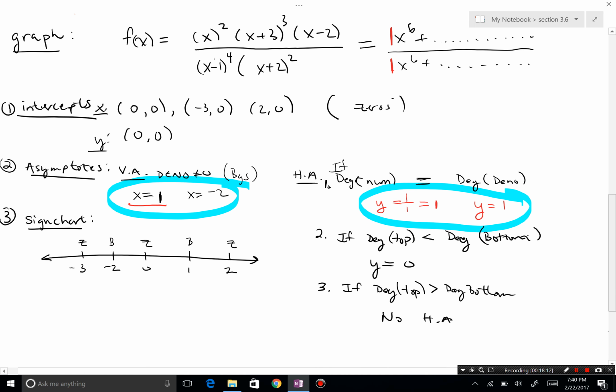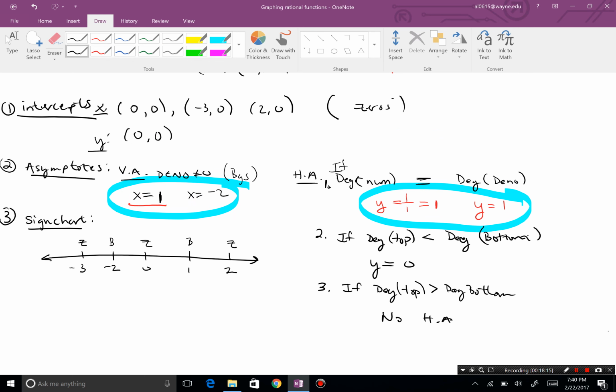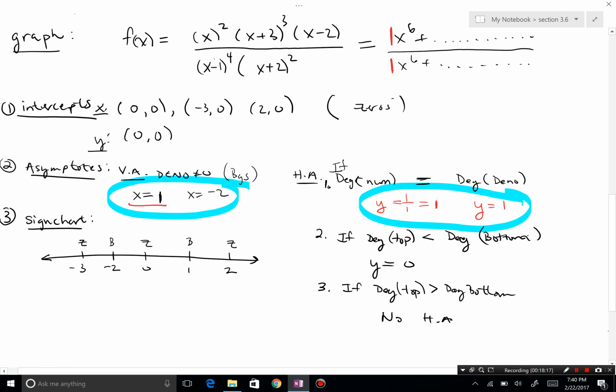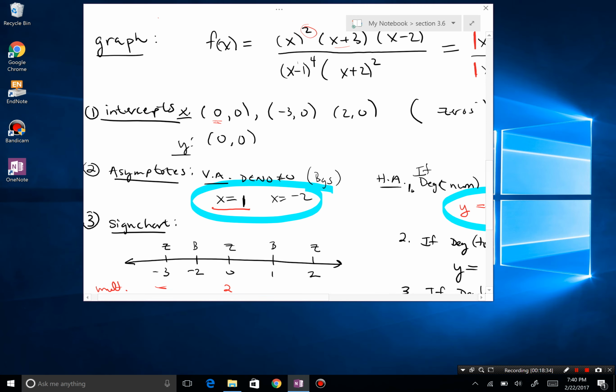What are the multiplicities? Well, you have to look at the factored form to see what the multiplicities are going to be. On x squared, which had this factor, the multiplicity was 2. So on 0, the multiplicity is 2. At x minus 3, that came from this factor, the multiplicity was 3.